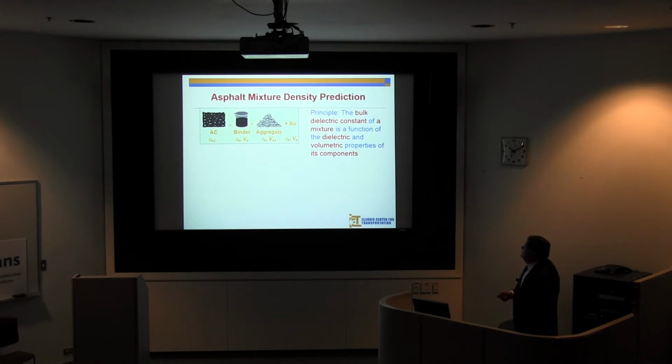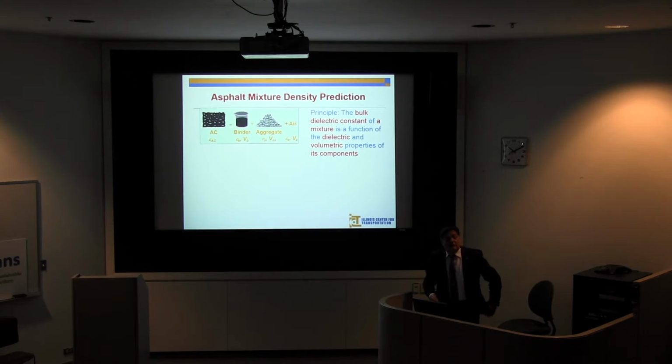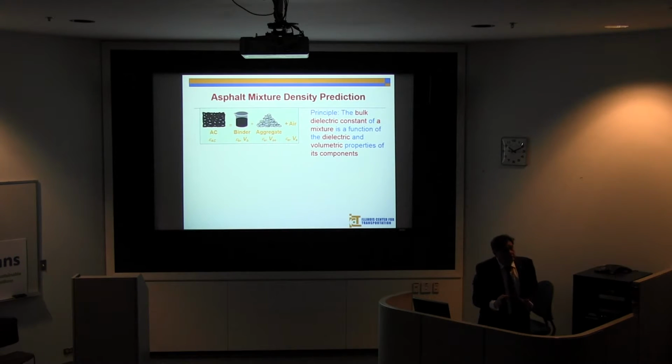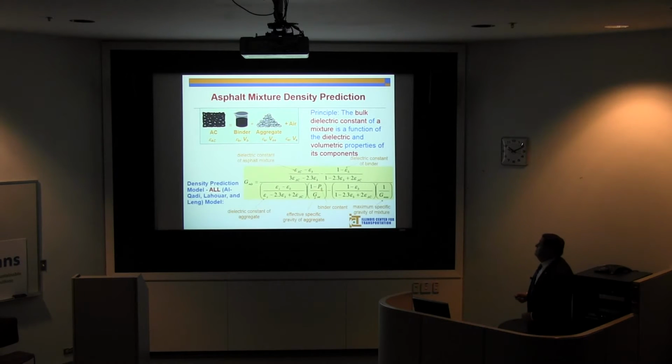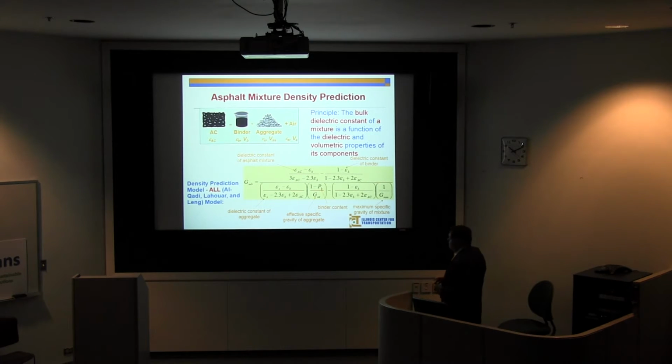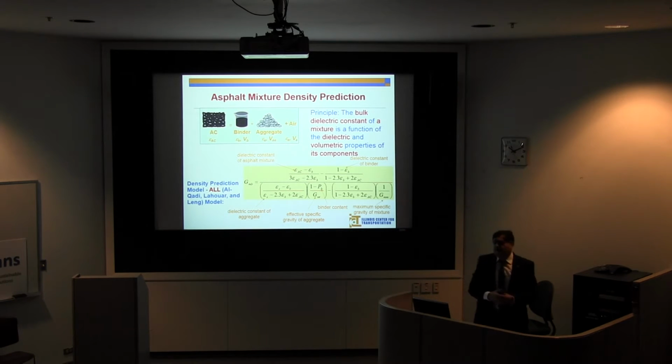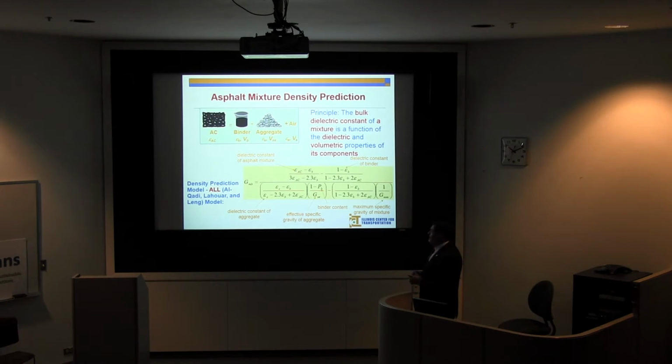That will take us now to simply that function of the dielectric and volumetric properties of the components of the asphalt concrete will allow us now to know what is the dielectric constant of the asphalt concrete or the density. Okay, so let's see how we're going to do this. This is the Gmb. It's the specific gravity of the asphalt concrete, or indirectly you may call it the density indirectly. So this is here the equations that we developed. It's a model that we developed.